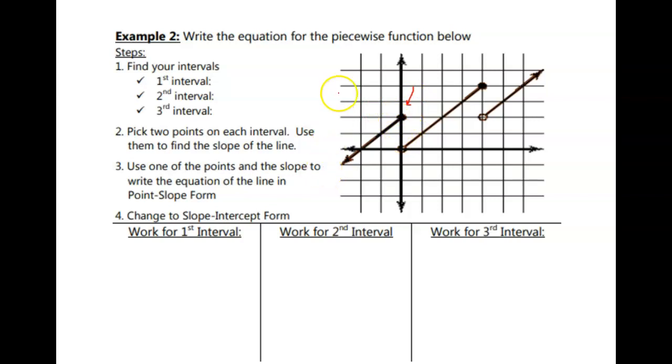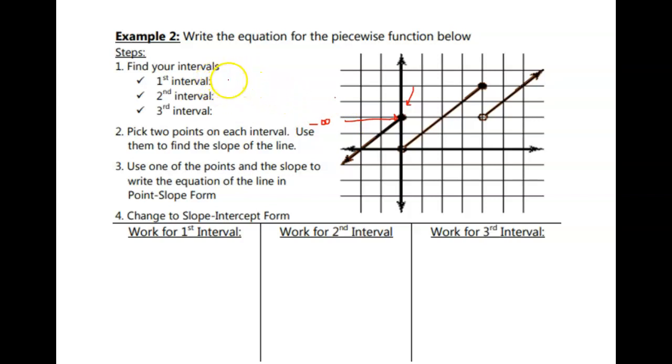So I notice from negative infinity, which is over here, up until I get to x equals 0, I then have a break. So I have a way to write that. I know that my first interval is going to be all the values less than 0, right?